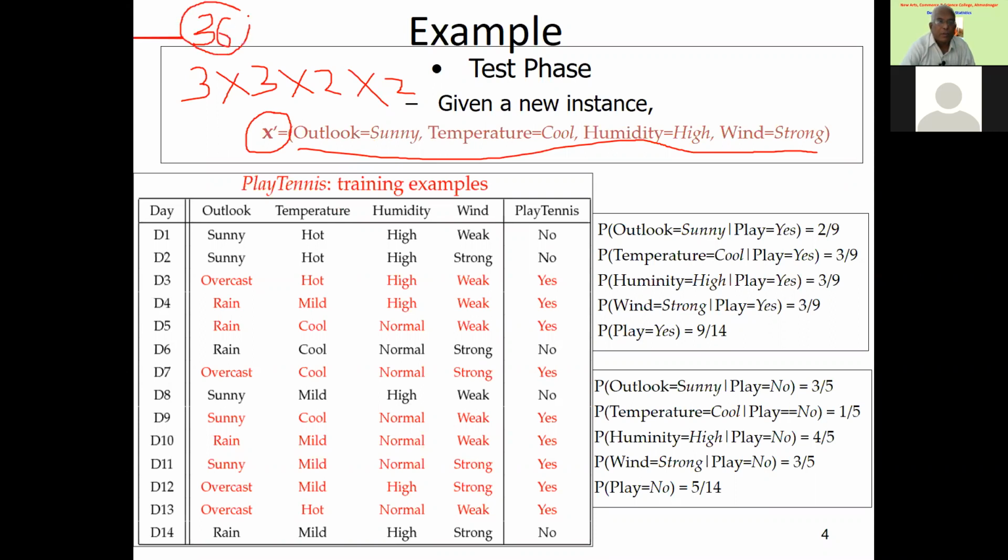And your instance is one out of these 36. That is why it is not here. If I list all 36, then definitely it will be there. Now, these 36 possibilities are possible over the last year, last 2 years, last 3 years, last 10 years.